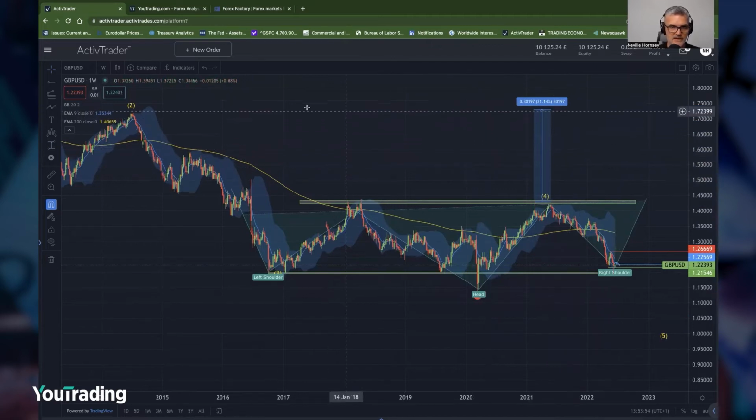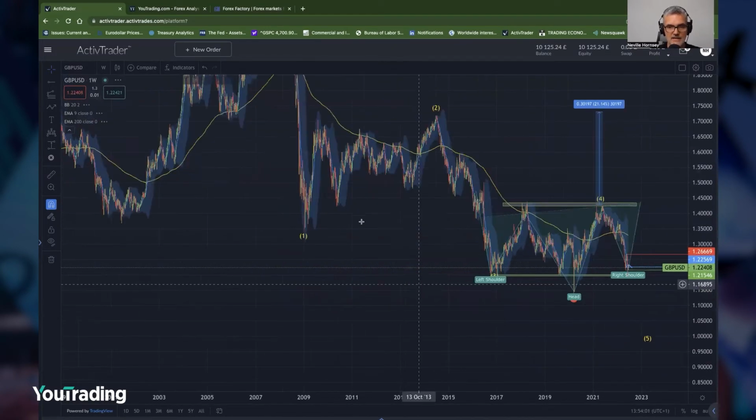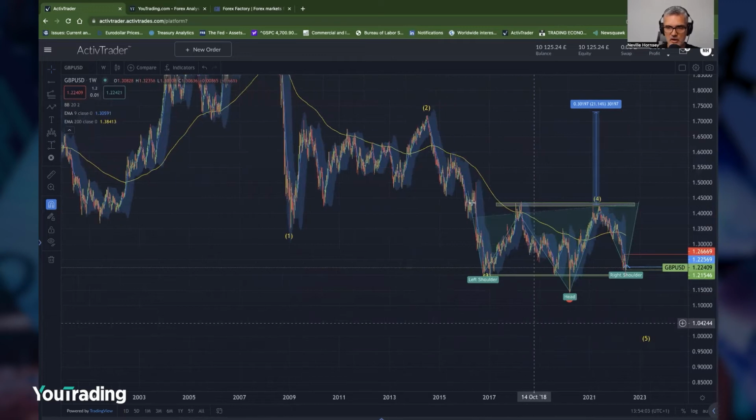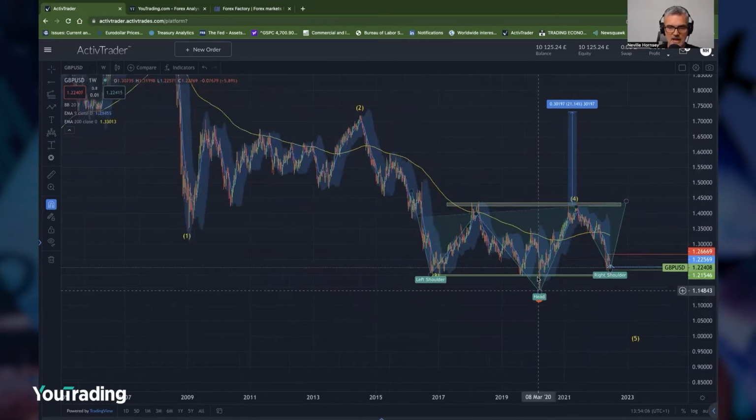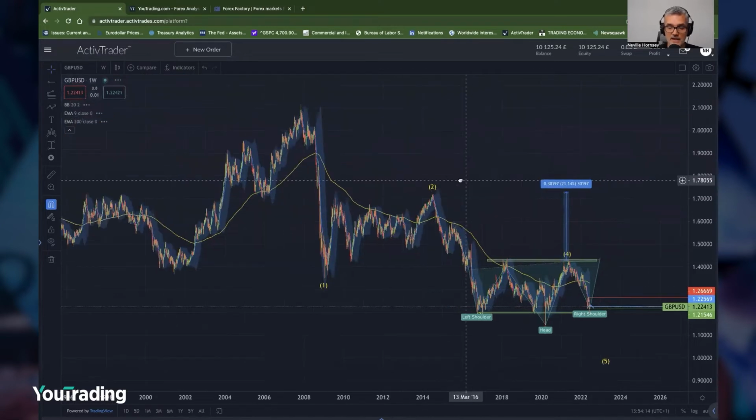So potentially, looking to the left, that undoes that whole impulsive move to the downside through the wave 3. And then this whole count has to be redone. So maybe where I put the head would become the end of wave 5. And then this is now some other corrective move to the upside.